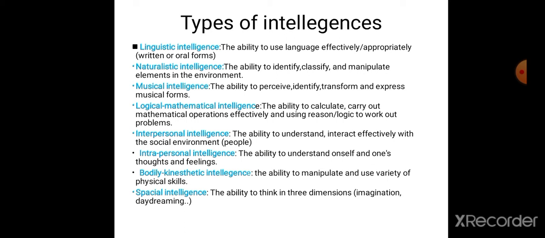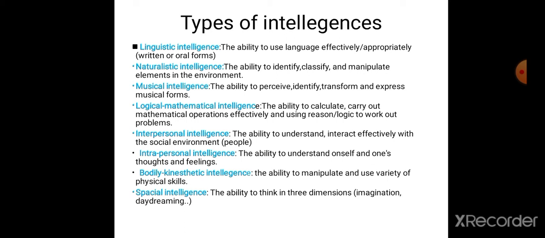The second one, naturalistic intelligence. The learners identified with this intelligence have the capability to identify, classify, and manipulate elements in the environment.